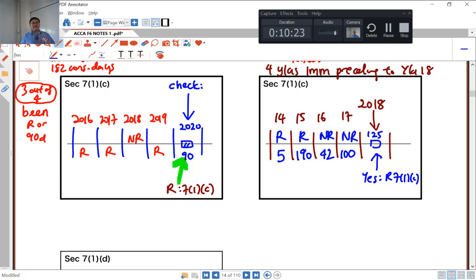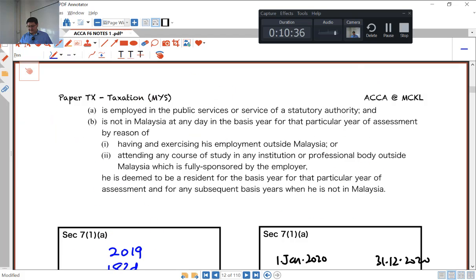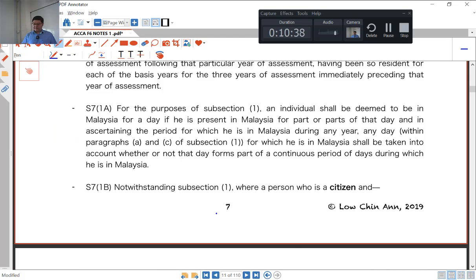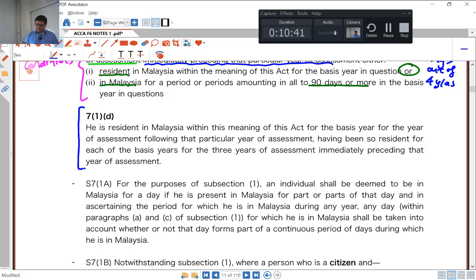71D is very straightforward. Can I show you the law first? The requirement for 71D is you're a resident for the year of assessment following that year.